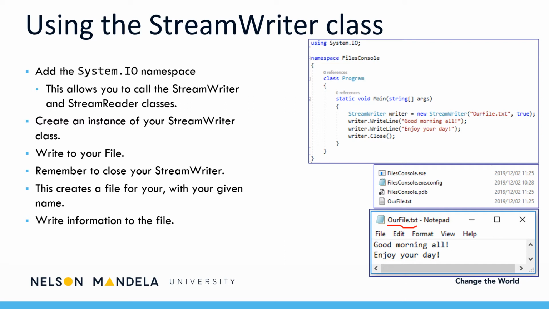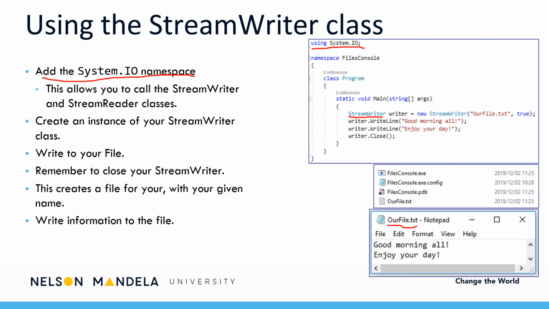So the first thing that you need to do is to add your System.IO namespace in your C#. So here you write System.IO so that you can have access to this class called StreamWriter, or all your StreamWriters, your StreamReaders.